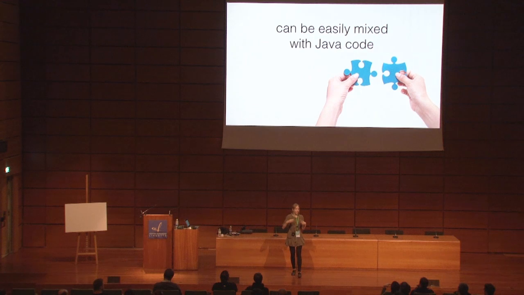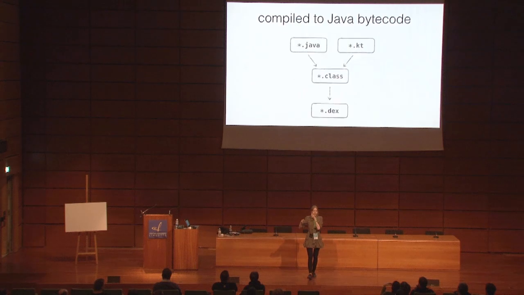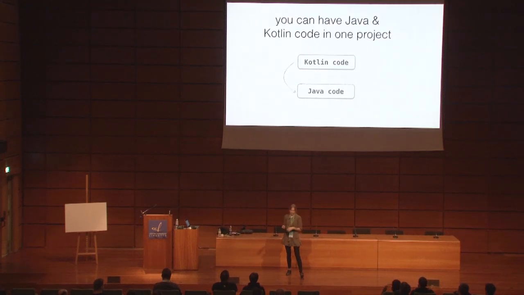Another thing that is important and describes Kotlin as a very pragmatic language is that it can be very easily mixed with Java code. So the Kotlin language is compiled to Java class files. And after that, these class files can be compiled to Android format. And that means you can easily mix Java code and Kotlin code in your project.